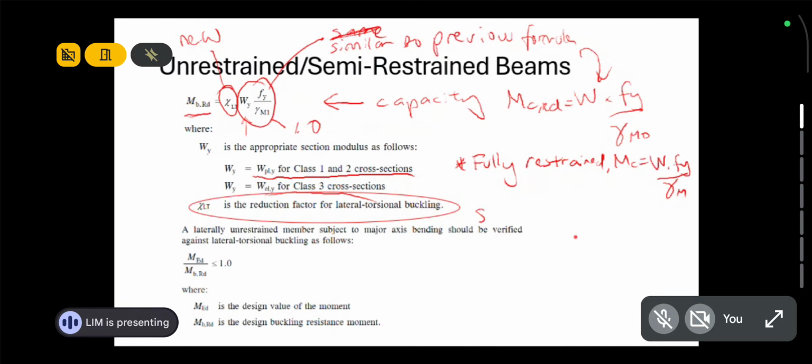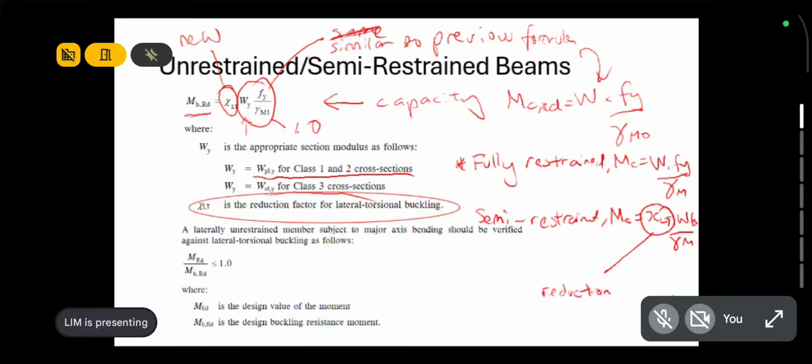Now, if it's semi-restrained, but never mind, you have a chi LT here, times W times Fy divided by gamma M. Then, if it's semi-restrained, you have this reduction factor.